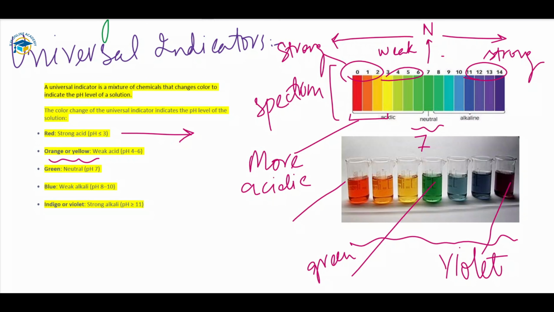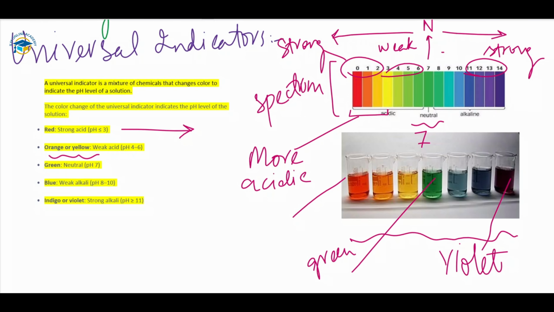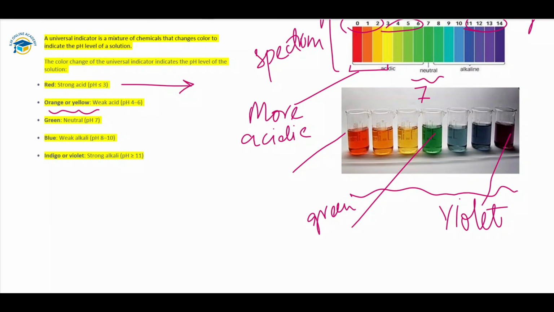I will also tell you now the pH values of some common substances, for example the highly acidic substances and highly basic substances. Hydrochloric acid has a pH of 0 because it's a strong acid.